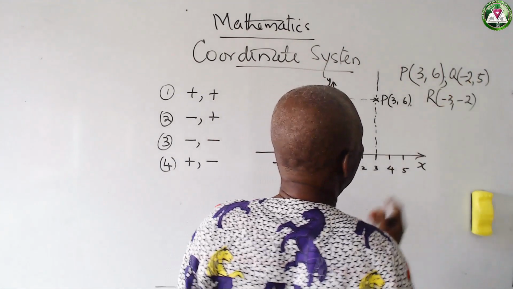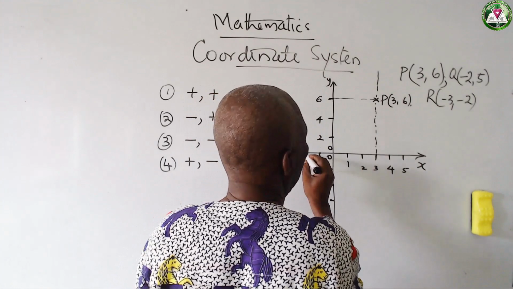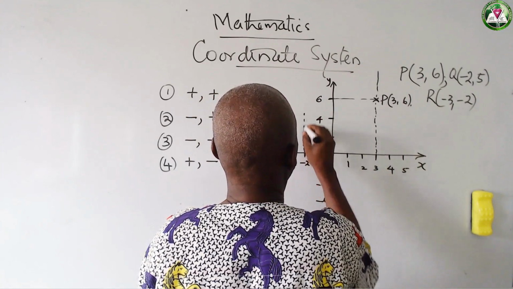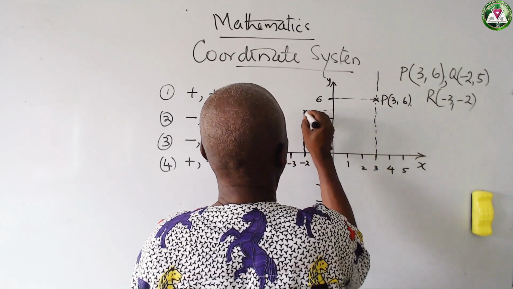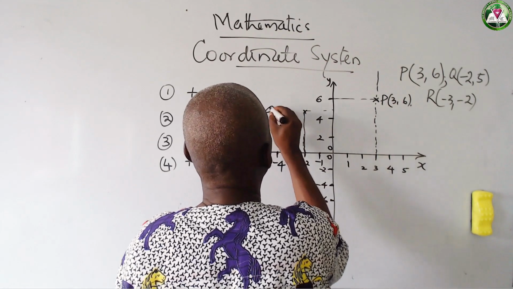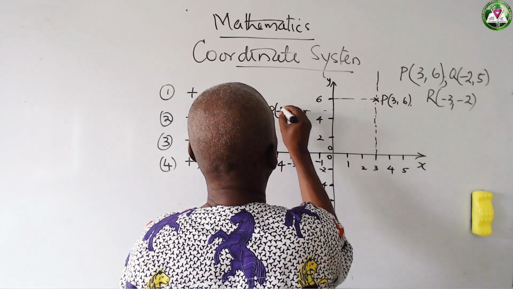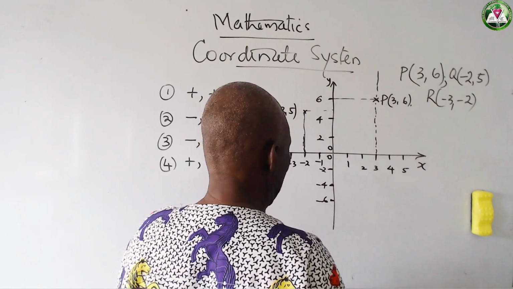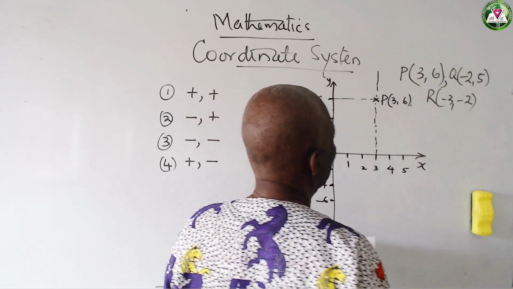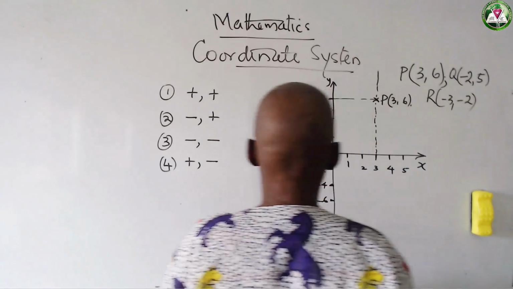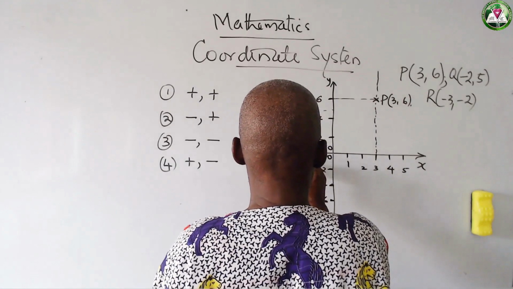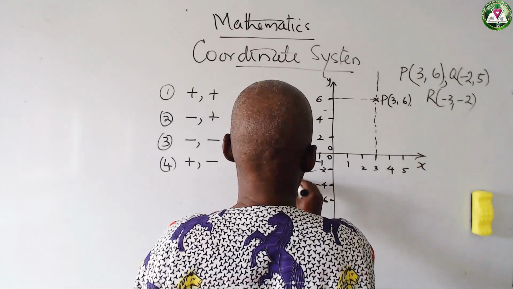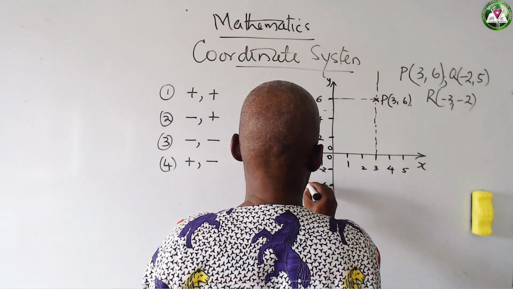We are going to move along minus 2 for x, and we go to the place where y is 5. So this is Q (-2, 5). Then we take the last one, R: minus 3, minus 2.